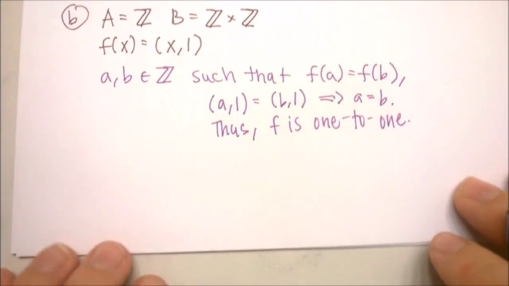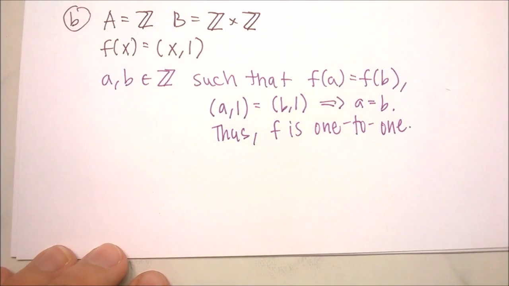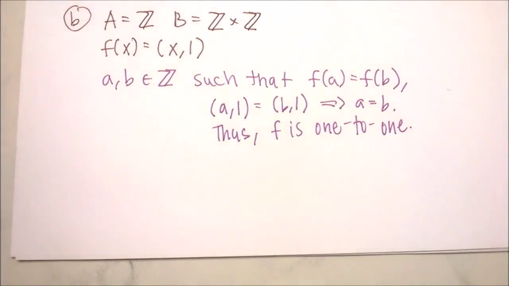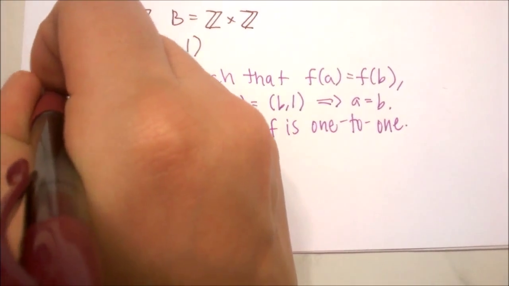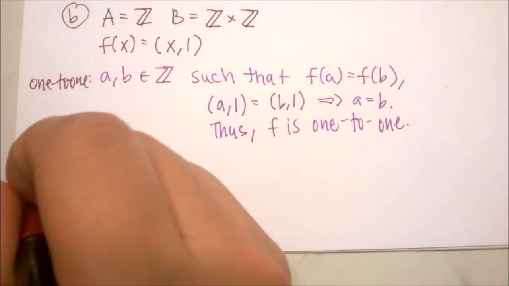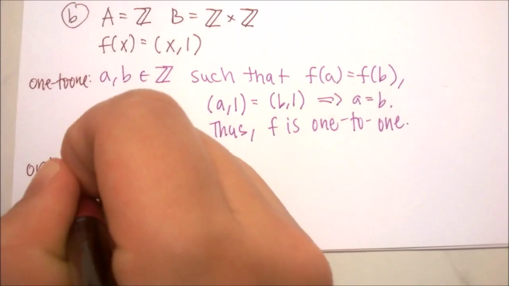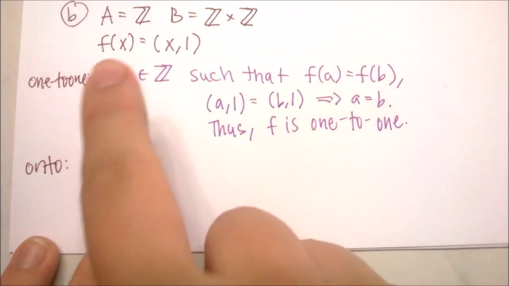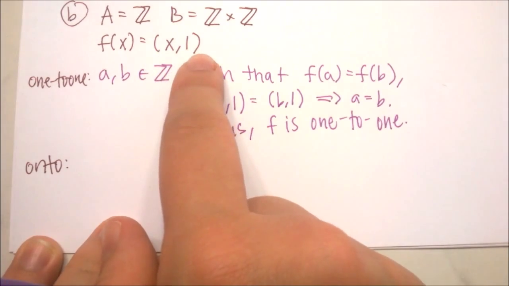Okay, now let's decide if f is onto. So this was 1 to 1. Now let's decide if it's onto. So we know our f is f of x equals x comma 1.